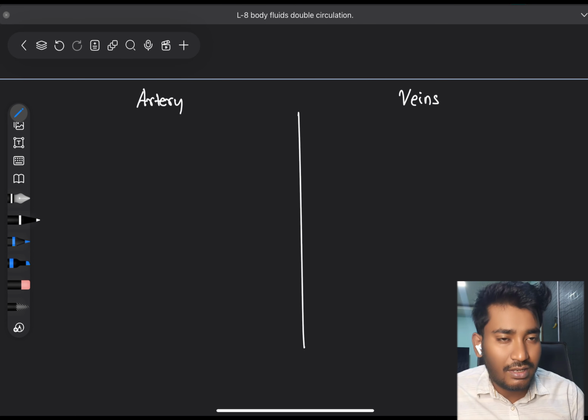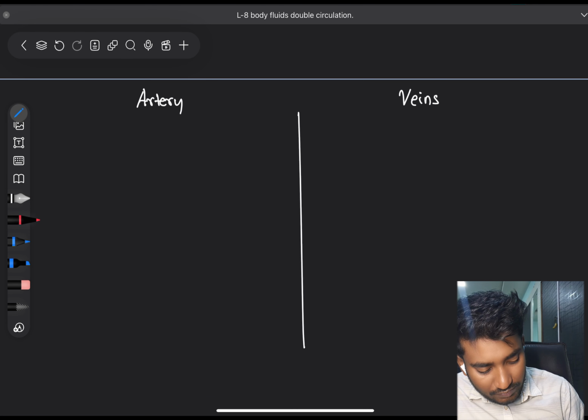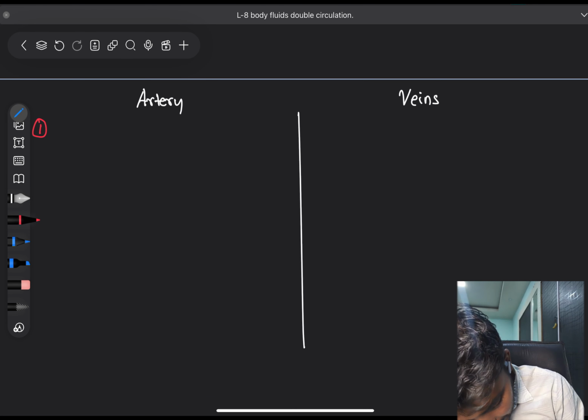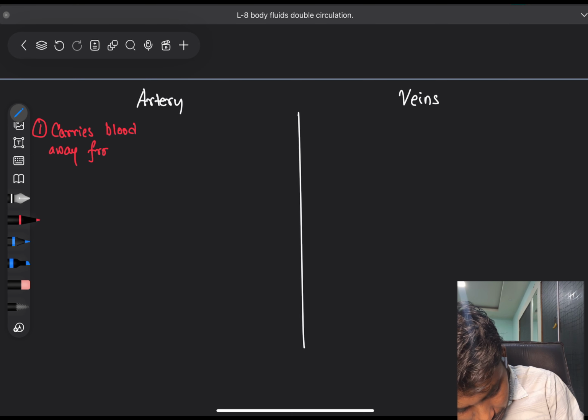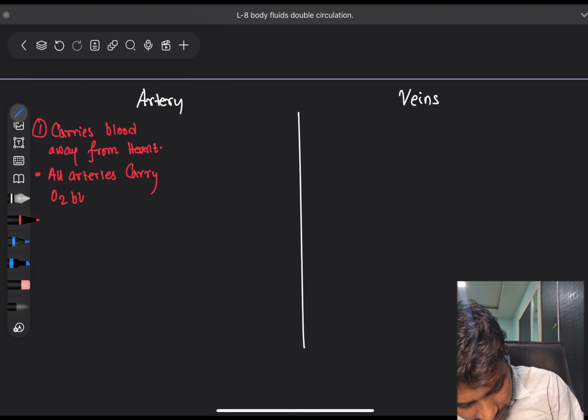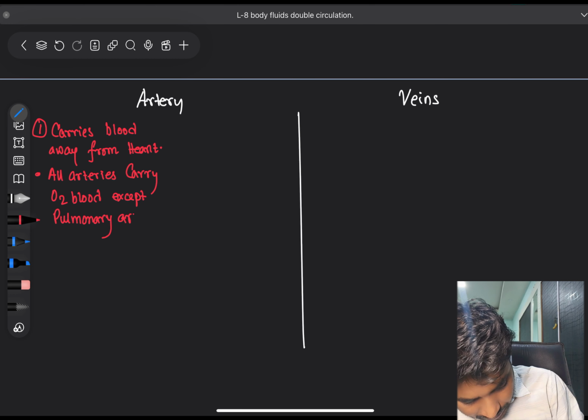Red means oxygenated blood and blue means deoxygenated blood. Start with the artery. Artery carries blood away from the heart. All arteries carry oxygenated blood except the pulmonary artery.